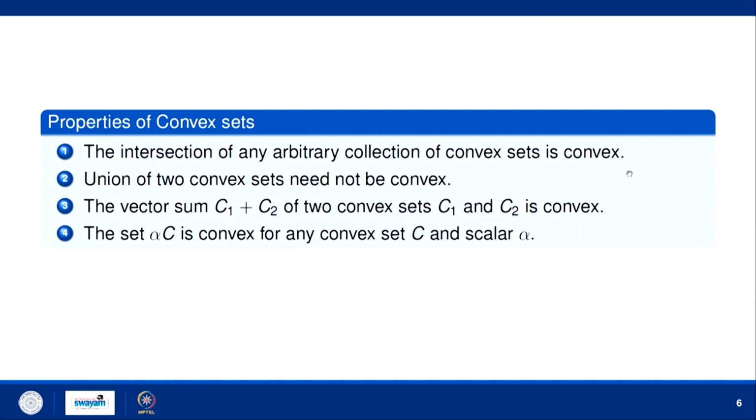Okay. The second one is the union of two convex sets need not be a convex set. So, it is very easy. If you see the union of two convex sets, suppose one set is S1 equal to x comma 0, where x belongs to R, that means the x axis. So, x axis is clearly a convex set, you can easily see.